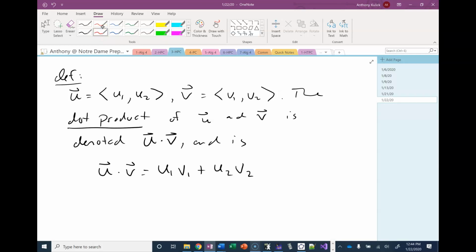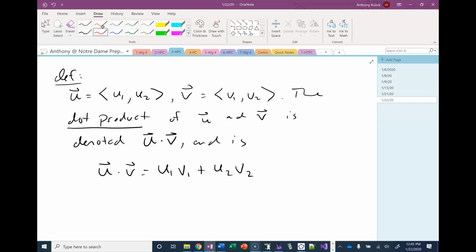Right away, what do you notice about the result of a dot product? There's something a little bit different than what we had been doing for all these other vector operations prior to this one. There's no parentheses. It's just a number.